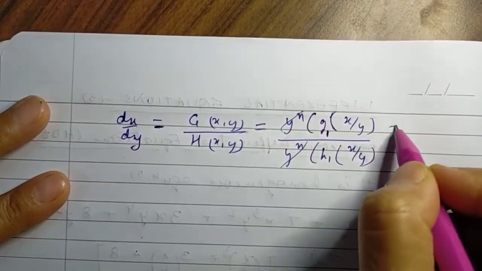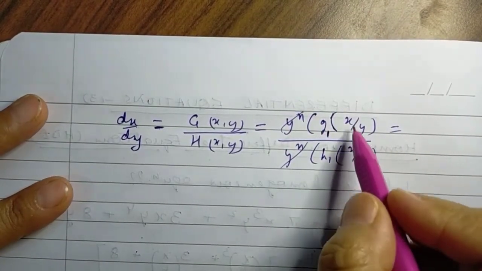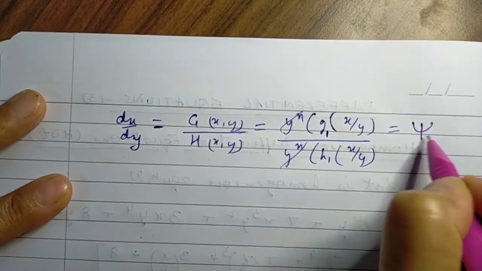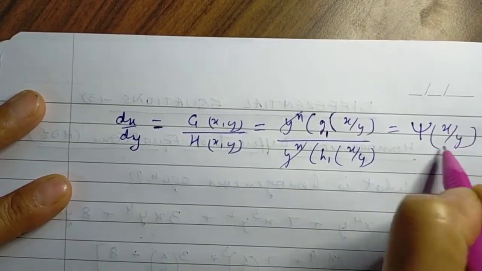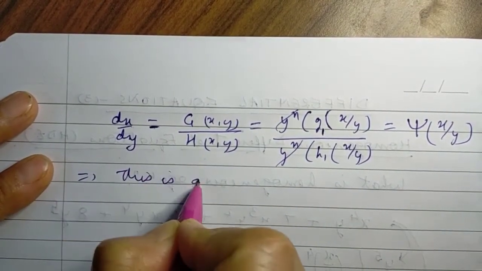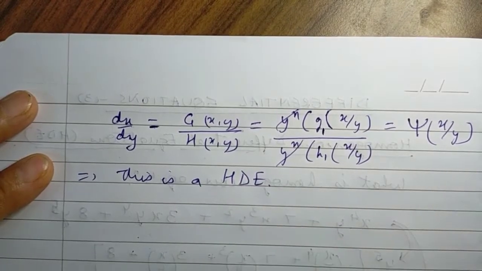This gets cancelled. Ultimately, whatever I get is a quotient of two functions in x and y alone. Then also we say that this is a homogeneous differential equation.